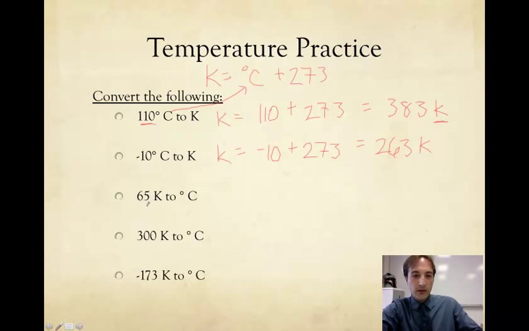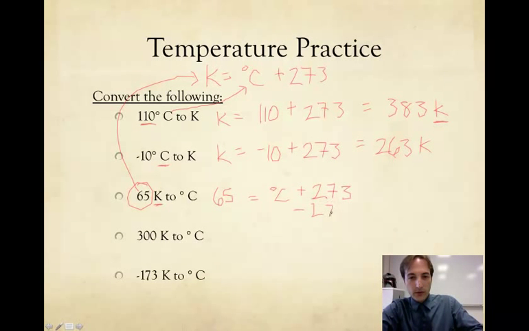Moving on here. 65 Kelvin. Now this is slightly different. They're giving us Kelvin instead of Celsius. So that means we're going to plug this number here in on the left side of the equation. So it's 65 equals degrees Celsius plus 273. Okay, to get Celsius by itself, that's how we solve.